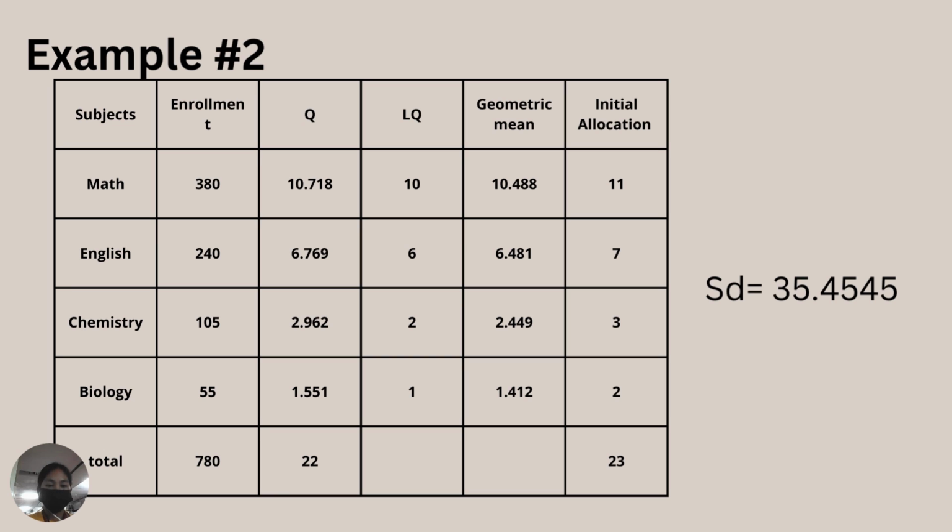So 380 divided by 35.4545, the quota will be 10.718, and the remaining subjects will follow. So the initial allocation is 23. They are not balanced, so we are going to apply the modified divisor again.